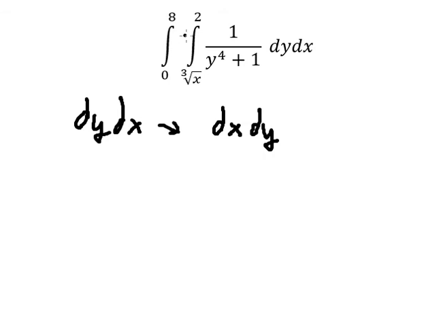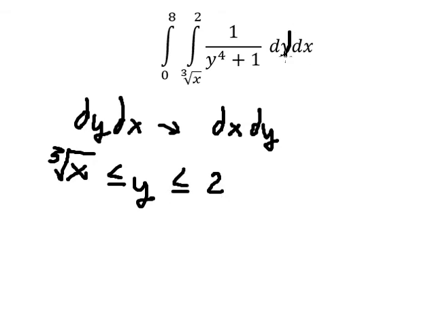Now let's consider about the bounds. About dy, we can see that is about this one. So y is greater than or equals to the cube root of s and smaller than or equals to number 2. About the s, we see that s is greater than or equals to number 0 and smaller than or equals to number 8.